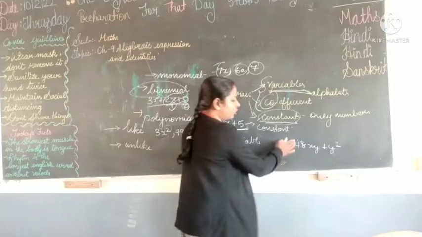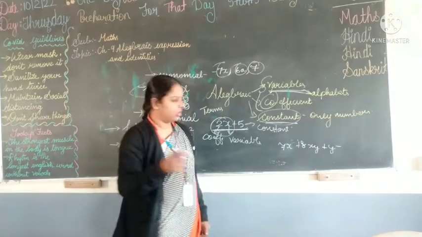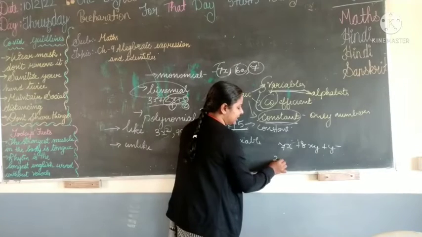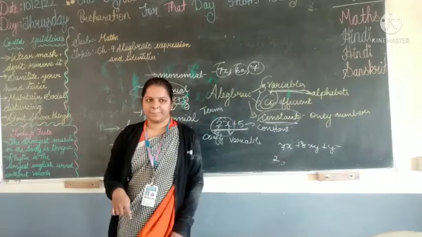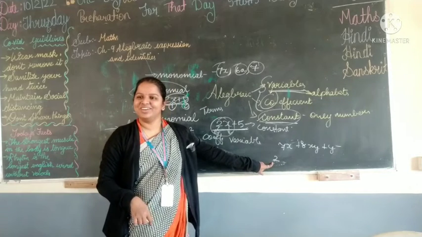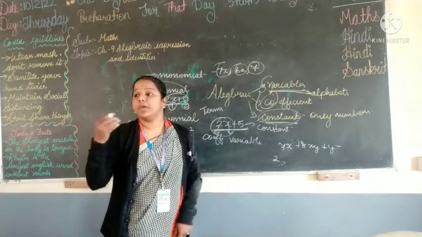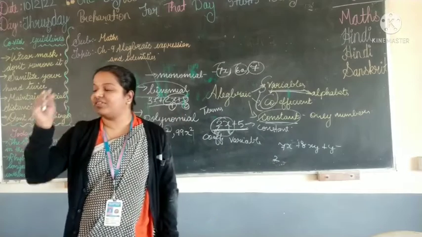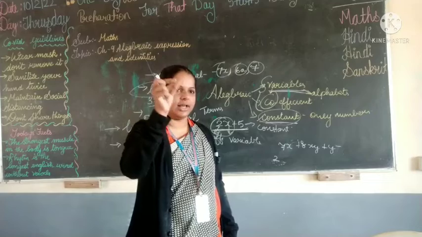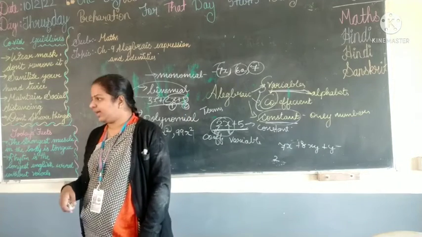If there is no square, the degree will be 1. The degree of a constant is 0, because degree is always taken with respect to the variable. If the variable itself is not there, the degree will be 0.